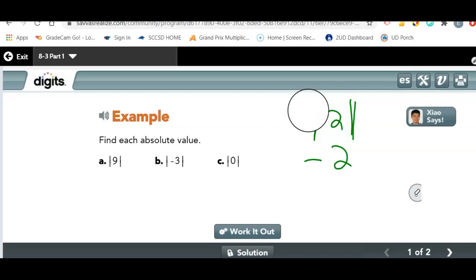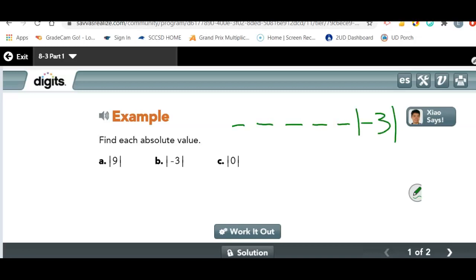All right, next one I want you to try. You will never have a test question like this, but it's fun to try to figure it out.